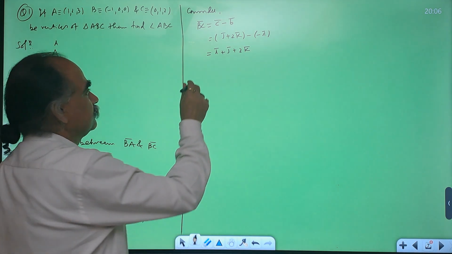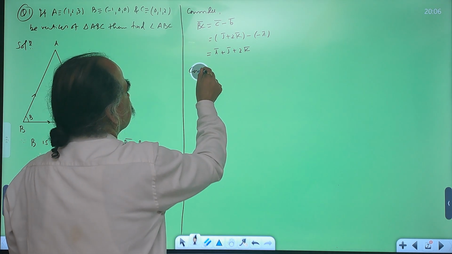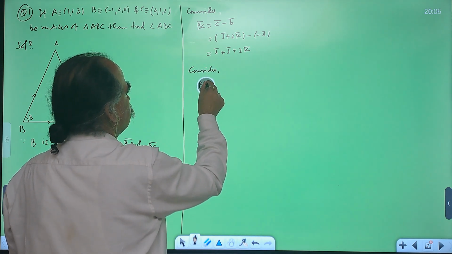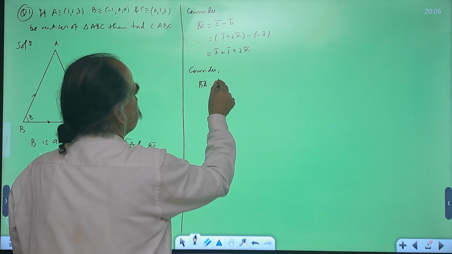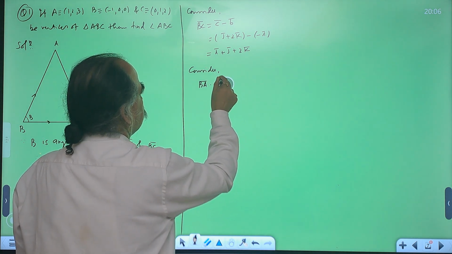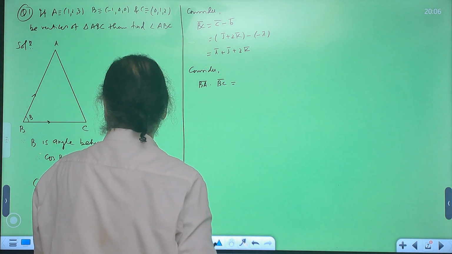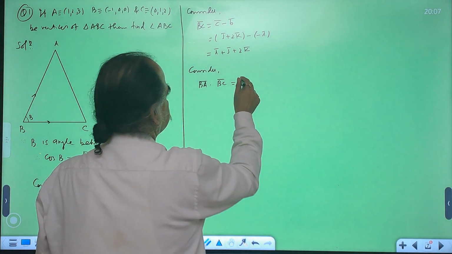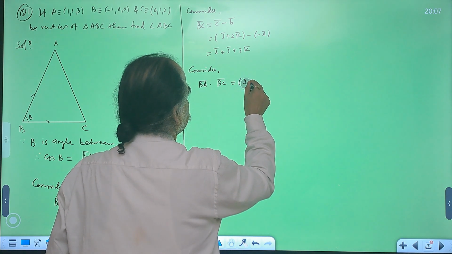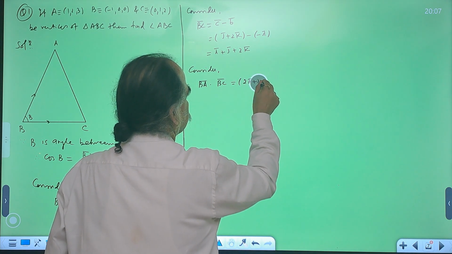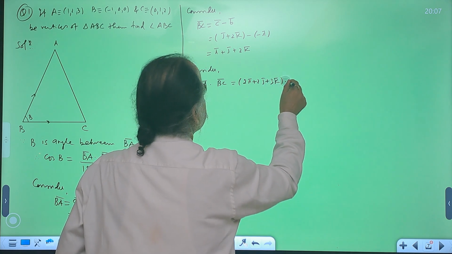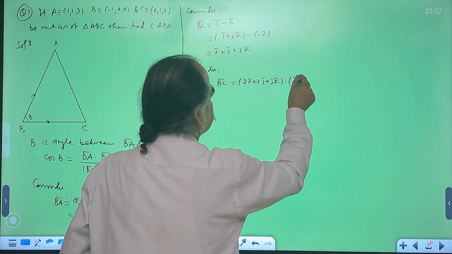After finding BA and BC, we'll go to what? BA dot BC. Consider BA bar dot BC bar. BA bar is what? 2i plus 2j plus 3k dot i plus j plus 2k.